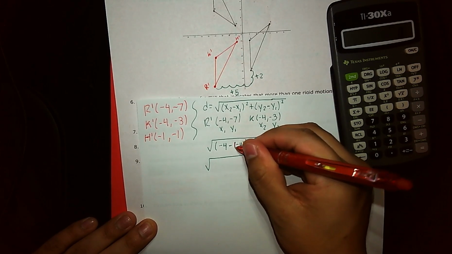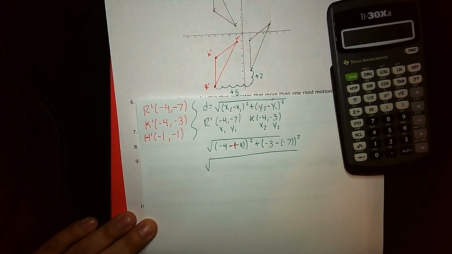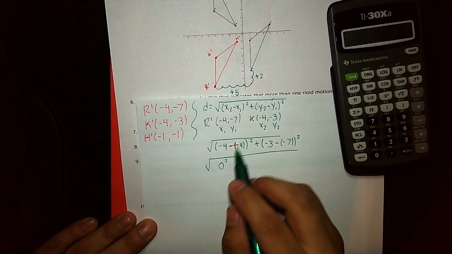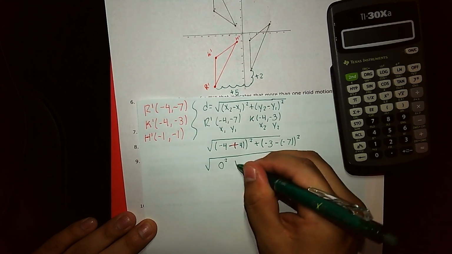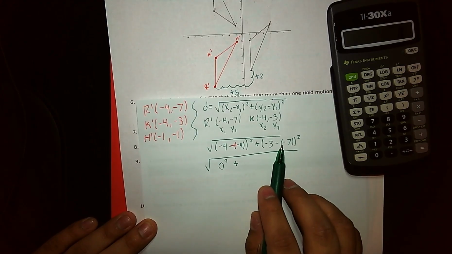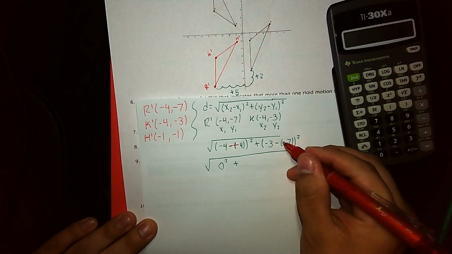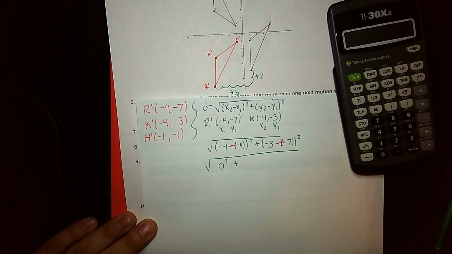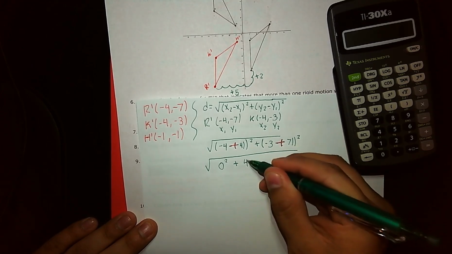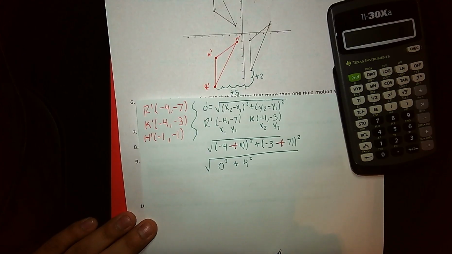You can almost imagine the parenthesis makes a plus. So we'd get 0 squared. We get 0 squared plus -3 minus -7, which is the same thing as -3 plus 7. Again, that acts like a plus. So you should get 4 squared.